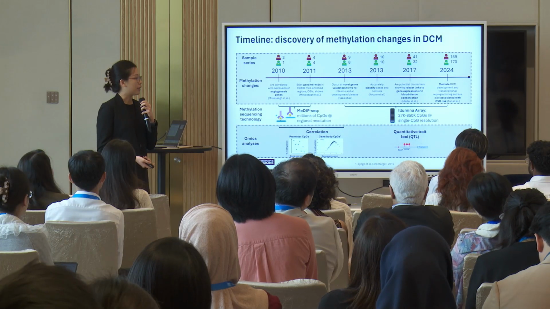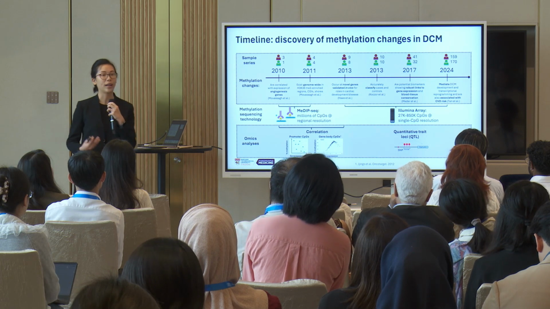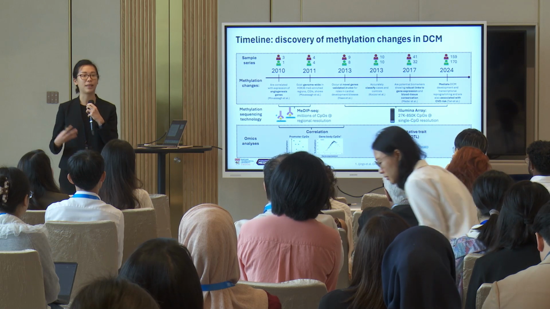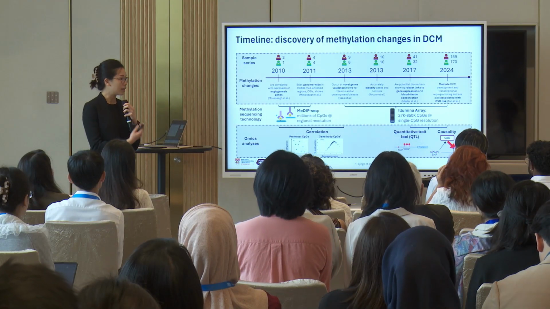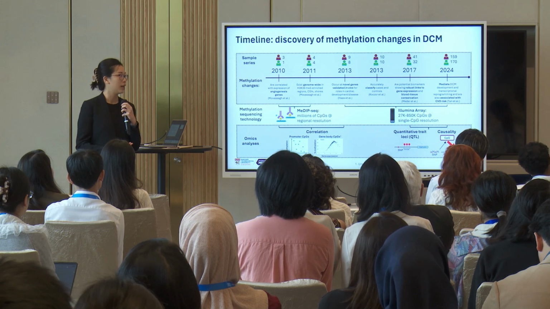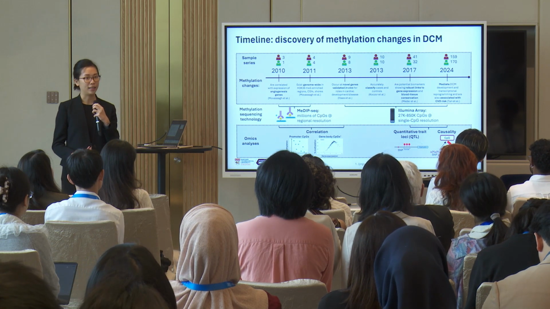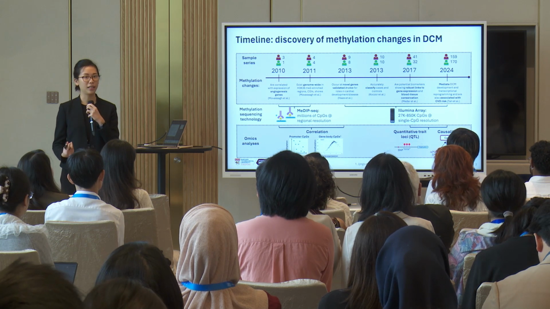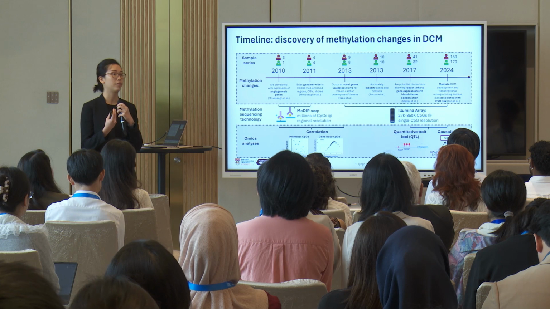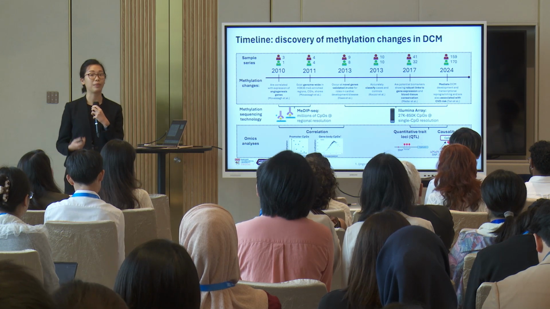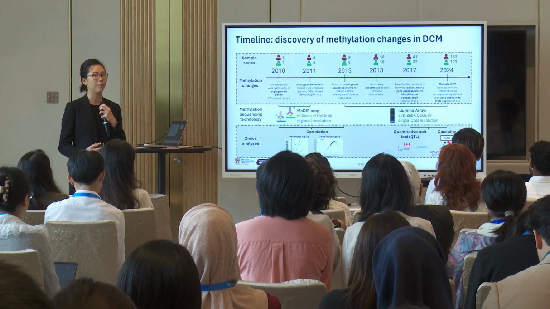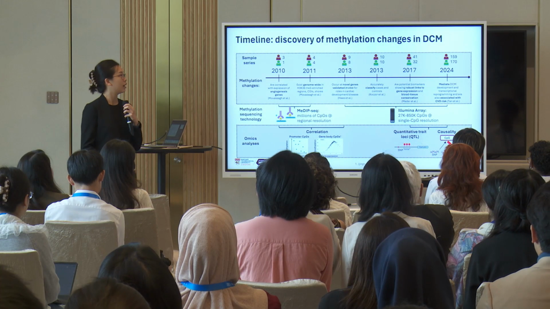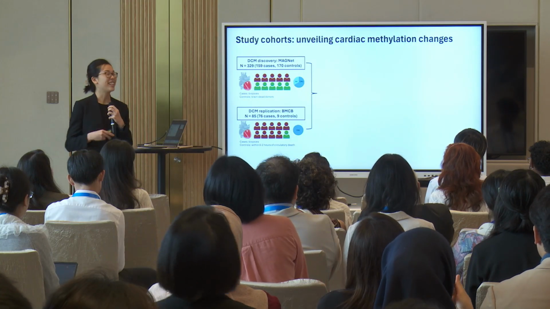So in recent years, we have also seen growth in the number of quantitative trait loci studies, which means the relationship between genetic variants and methylation. So this, plus the availability of new statistical methods for causal analysis, enables us to take a step beyond association to see if these relationships between, for example, methylation and gene expression might be potentially causal. And I will explain more about this statistical technique for causal analysis in the slide after this.